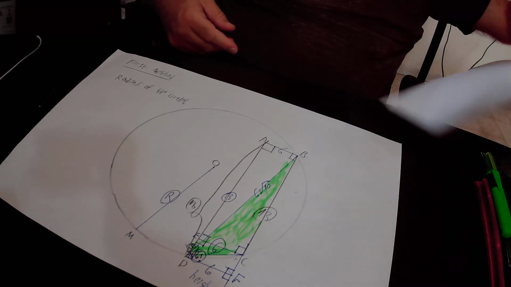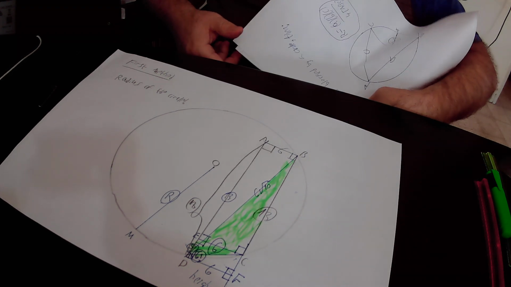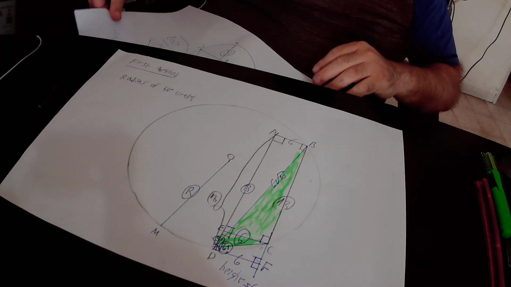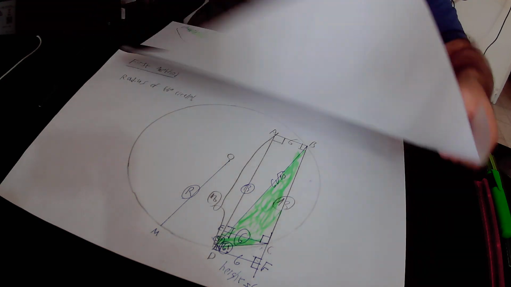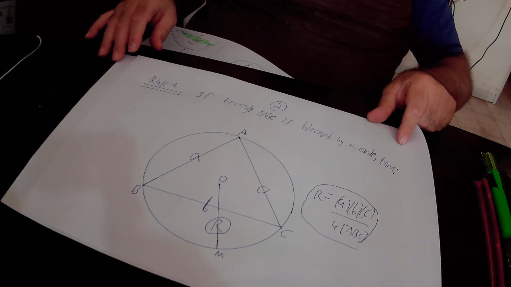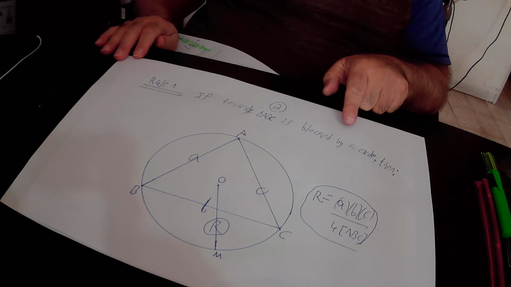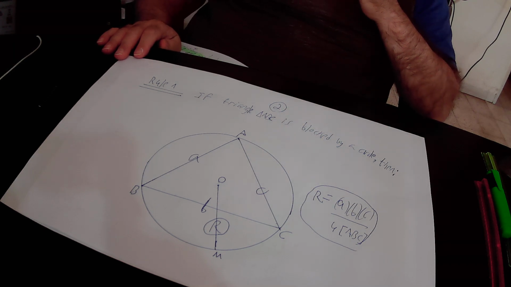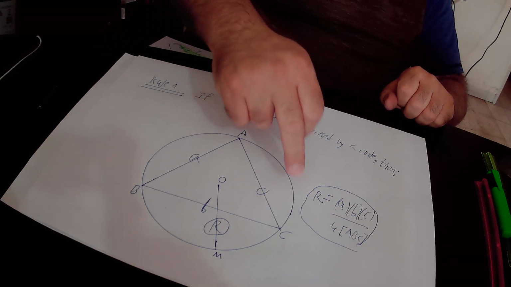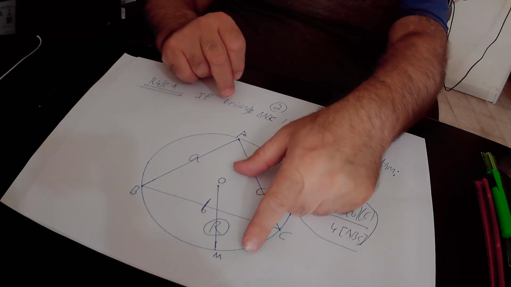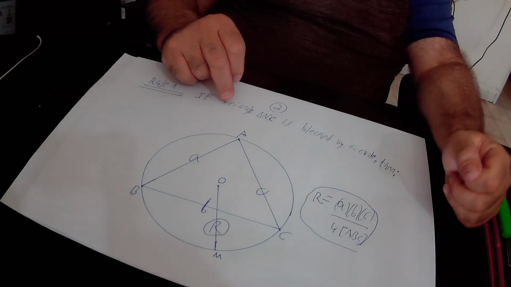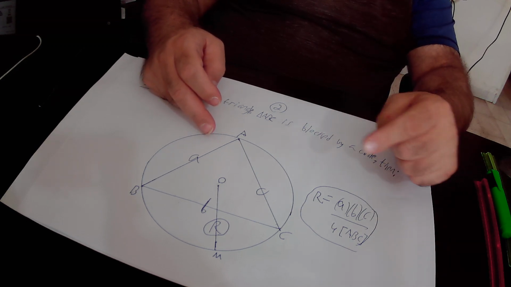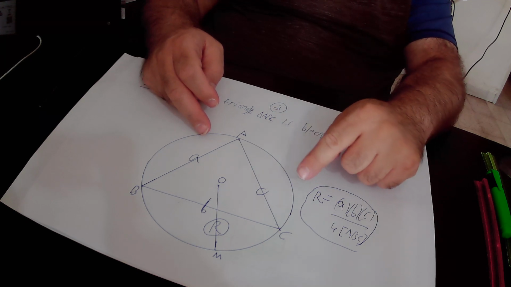Okay, then I presented to you a new rule, and we implemented the new rule in our drawing. According to the new rule, it is actually rule number 1. If triangle ABC is blocked by a circle, this triangle ABC could be in any circle. Note that the radius of this circle OM equals capital R, and the length of side AB of the triangle ABC is A units, the length of side BC is B units, and the length of side AC is C units.